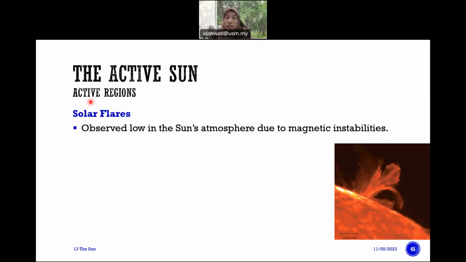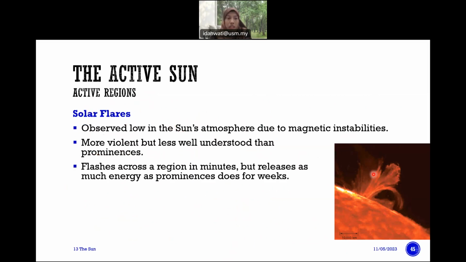And then next one we have solar flares, okay, very famous space weather called solar flares. So it's observed low in the sun's atmosphere also due to magnetic instability, and is more violent but less well understood than prominence. It features like a flash across a region in minutes, but releases as much energy as a prominence.